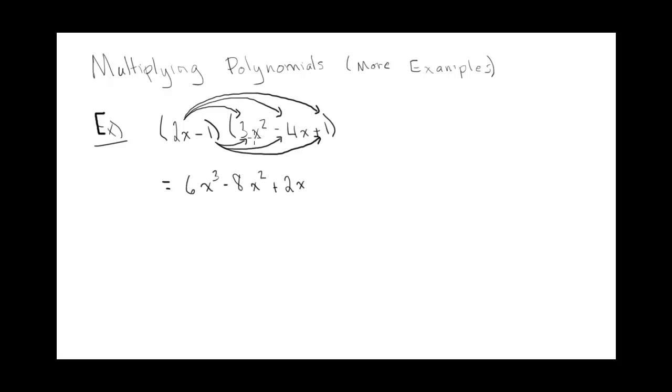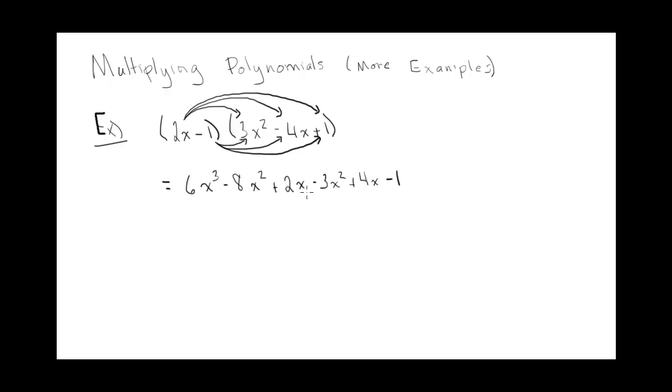So that's the 2x times all three terms. And now do the minus 1. So minus 1 times 3x squared, minus 3x squared. Minus 1 times minus 4x, plus 4x. Minus 1 times 1, minus 1.